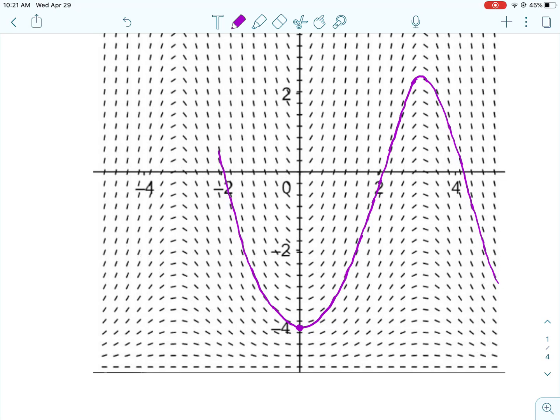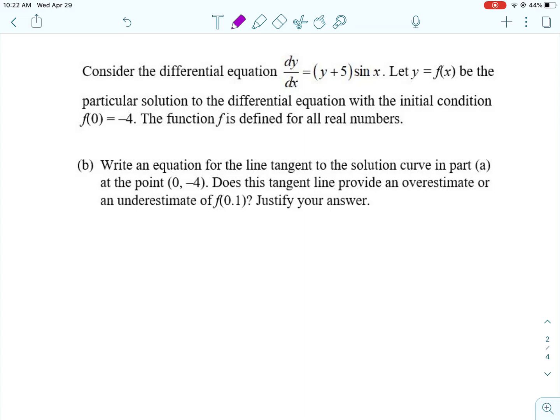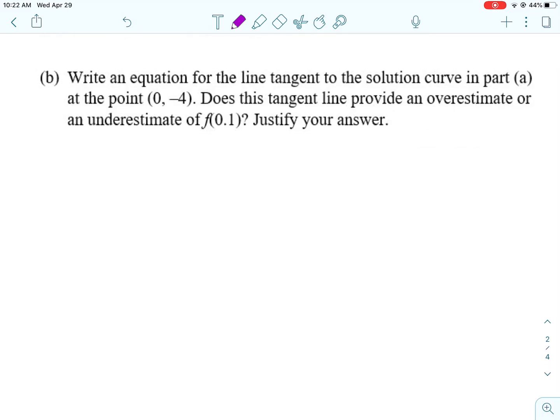I'm just not getting it quite right at the beginning. It's messing me up through the rest of the problem. I really wish I knew how they graded these.